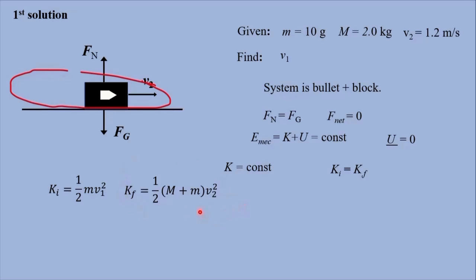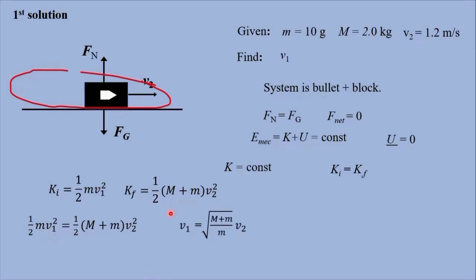Here capital M plus m is the total mass of the block and bullet system. So we use the fact that these two kinetic energies are equal, and the student got the following equation from which he was able to find v1.